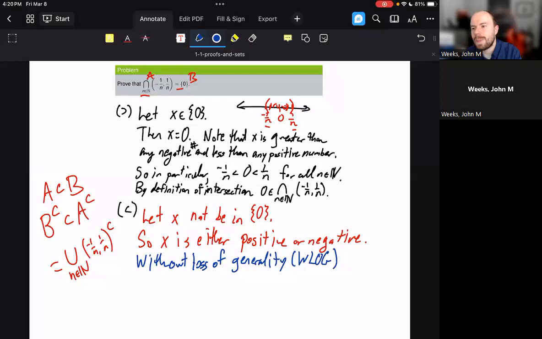It would be kind of repeating myself logically to say that X is negative. So I'm just going to go ahead and show the case where X is positive. So without loss of generality, let X be positive is the way that I could write this. Whichever choice I make, I'm going to be doing a very similar argument. Without loss of generality, let's let X be a positive number.